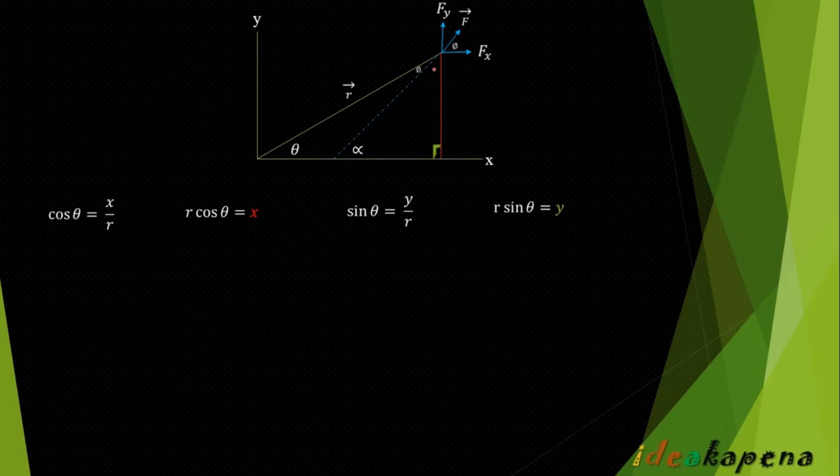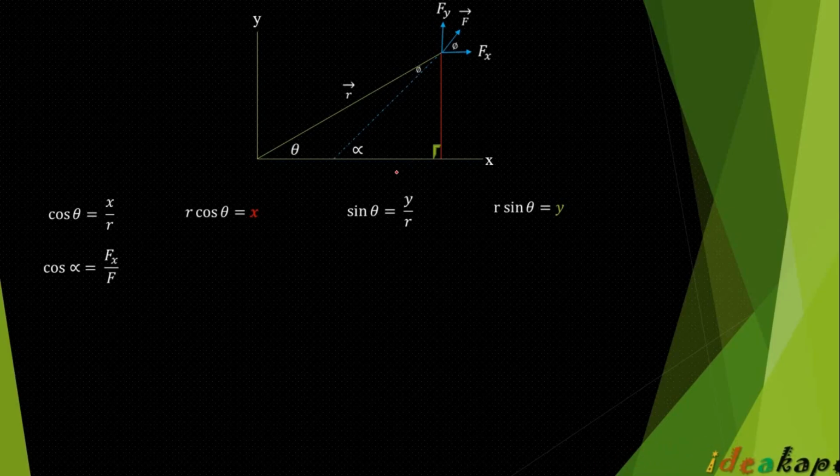Now let's do the triangle created. In this triangle we can say that cos alpha should equal the force in the x-axis over the force, right? So Fx is just a component of the force but in the x-axis like that.